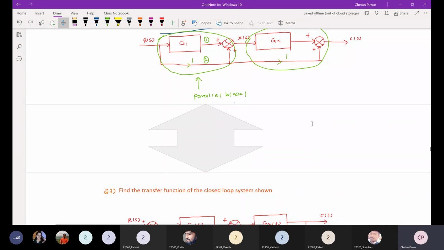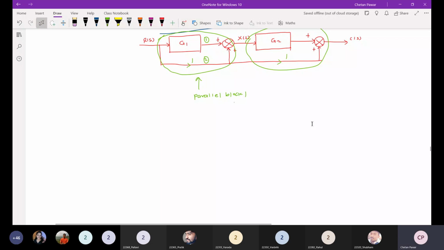Can you tell me? Anyone? We have seen parallel blocks. We add them, right? So what will be the combination then?